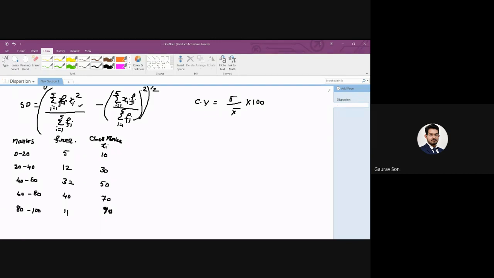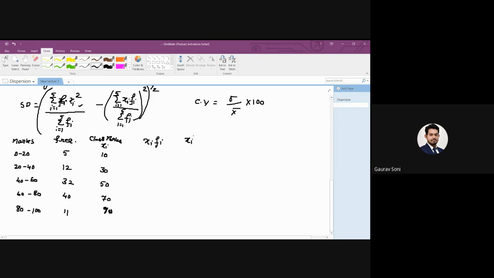I can define new ui because these entries are quite large. But before going for change of origin and scale, we'll solve one example by our direct formula, because anyhow your calculator is going to do the calculations for you. So xi fi, first column.